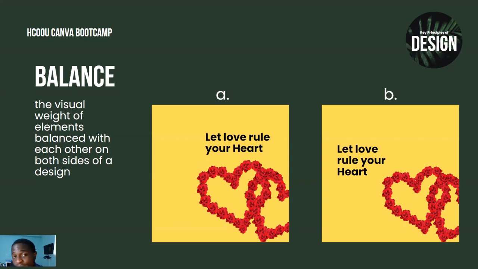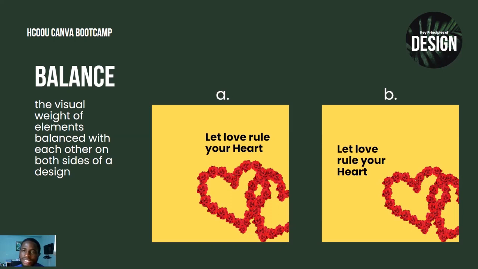It doesn't mean that the whole canvas is full, but you can see that there is a proportion of design weighing on both sides, and it makes the design look balanced.